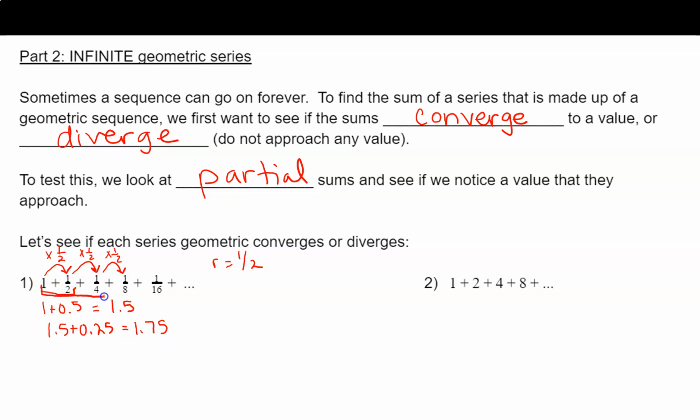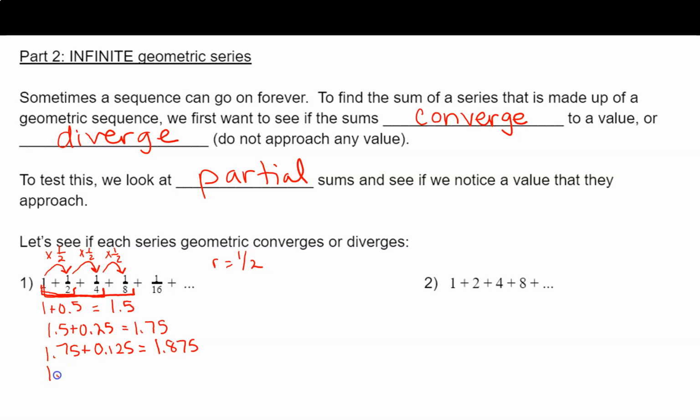So the first three terms, that partial sum is 1.75. Now I'm going to take that sum of 1.75 and add 1/8. 1/8 on our calculator, if I take 1 divided by 8, I get 0.125. If I add that to 1.75, I get 1.875. That's going to be the sum of the first four terms.